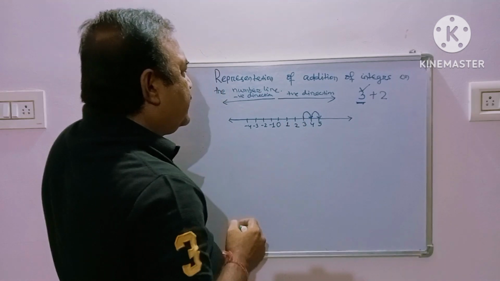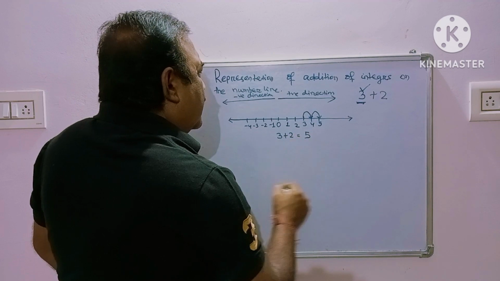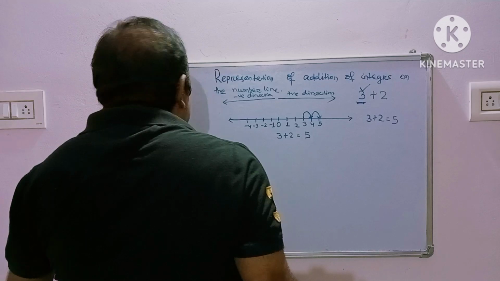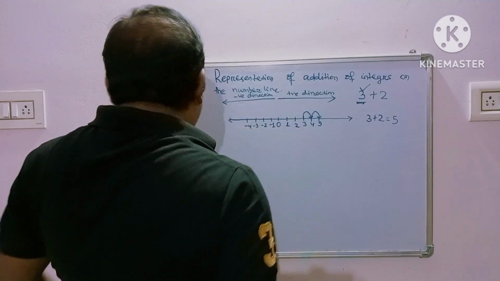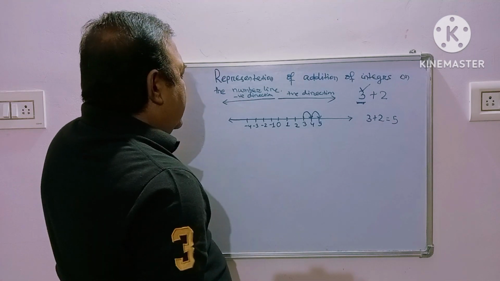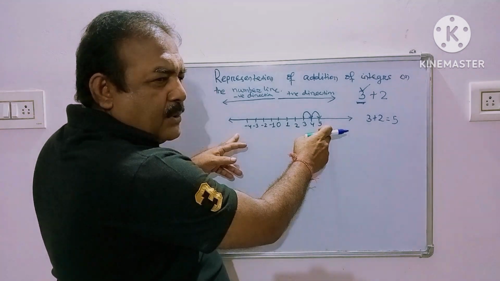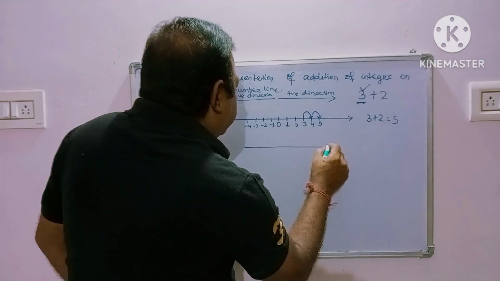You see, this is 3 plus 2 is equal to 5. Or you may write here. If not here, you can write here. In the NCERT books, it is also shown like this, and in other books like this.